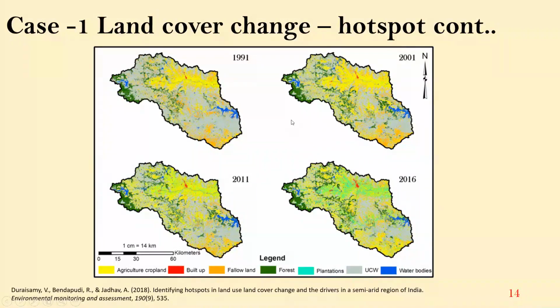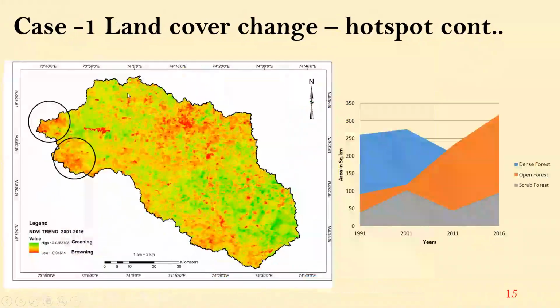And there are changes in the forest region too. Let me show. This is the forest region. We used satellite data of every 8 days to understand significant changes in vegetative cover. We stacked the 8-day images from 2001 to 2016 and applied a Mann-Kendall test to identify the significance of vegetation greening and browning.